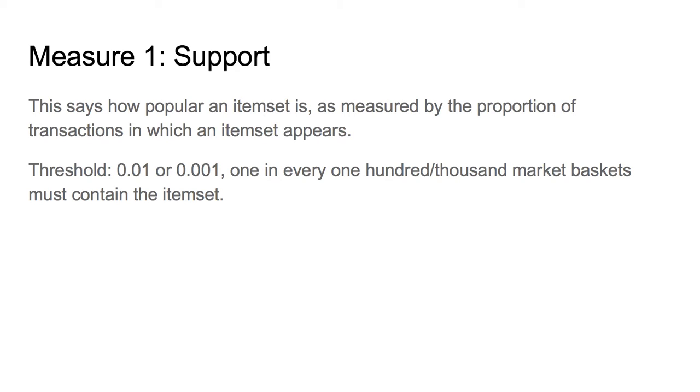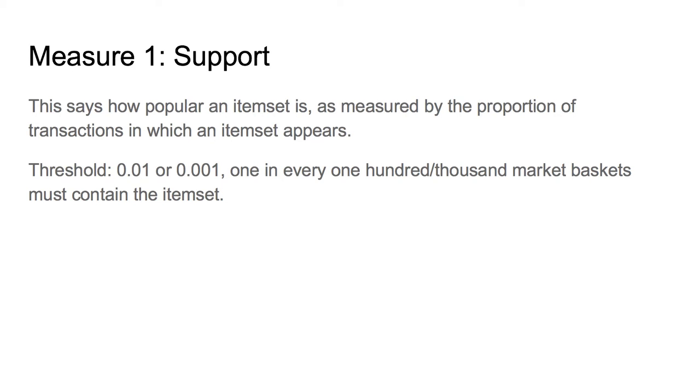To identify those kinds of patterns, we need to use several measures. Measure 1, support. This says how popular an item set is, as measured by the proportion of transactions in which an item set appears.